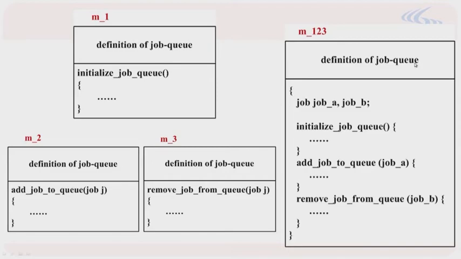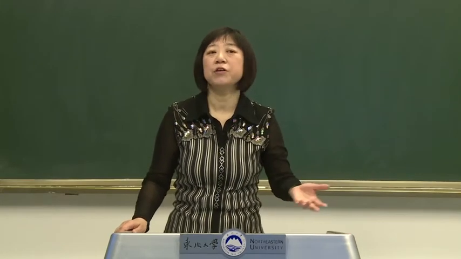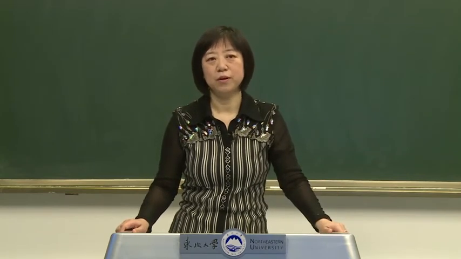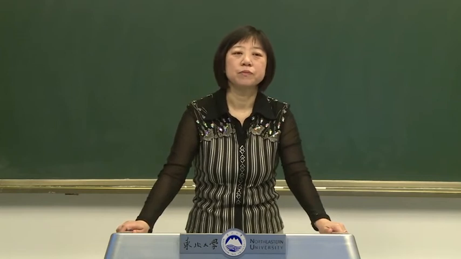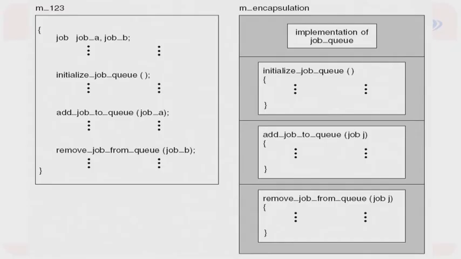So that means a change to the implementation of the job queue or the data will affect only 1 module rather than 3 modules. Everyone will admit that the second design is better.